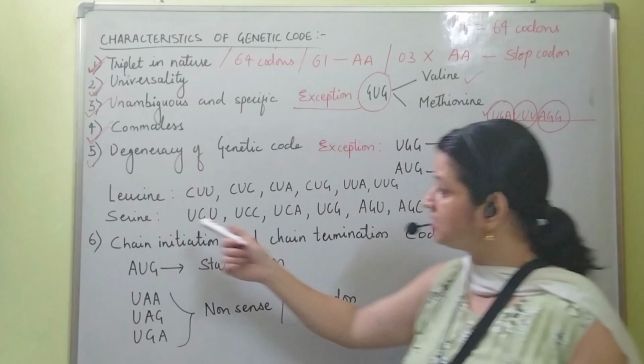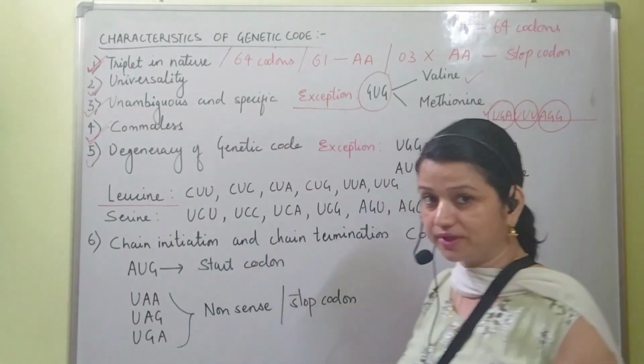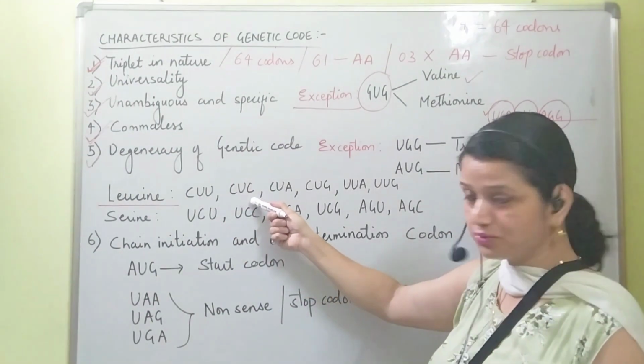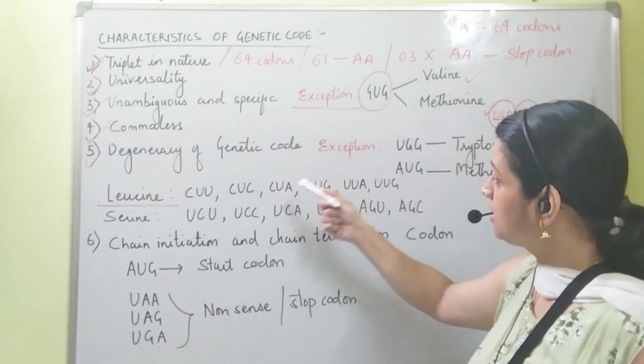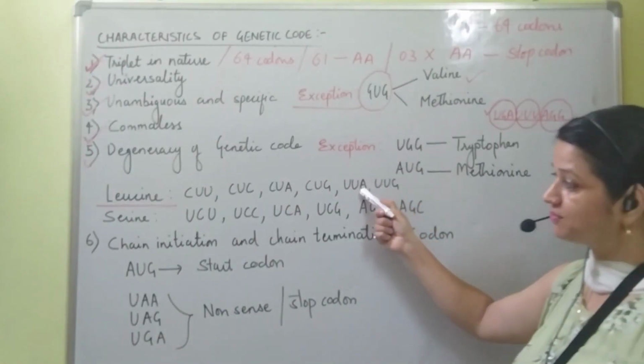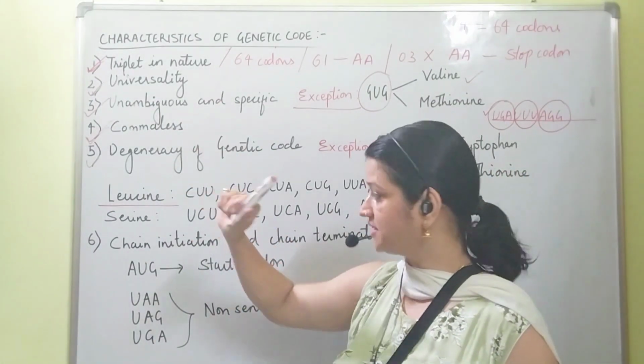For example, here we can see the amino acid leucine. It is coded by the codons CUU, CUC, CUA, CUG, UUA and UUG. So it means the genetic code is degenerate.